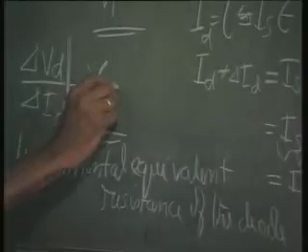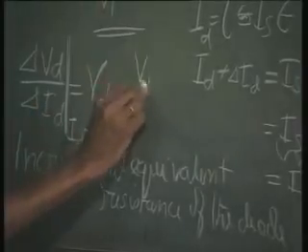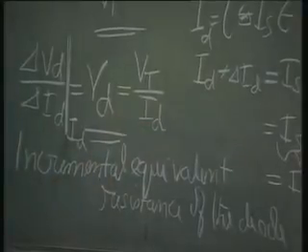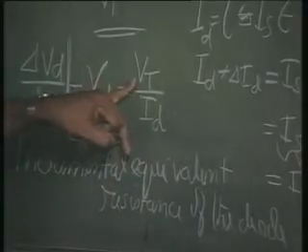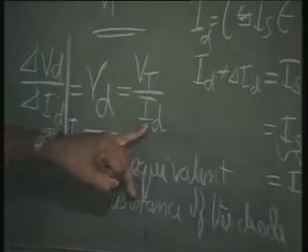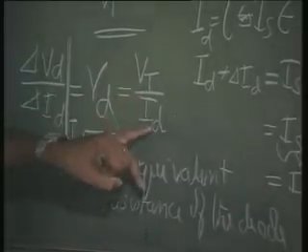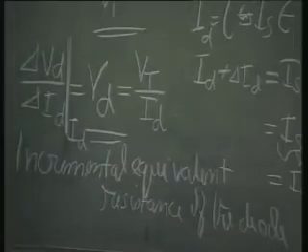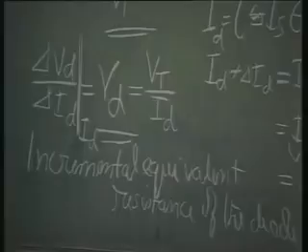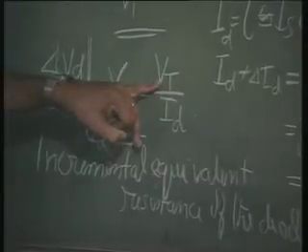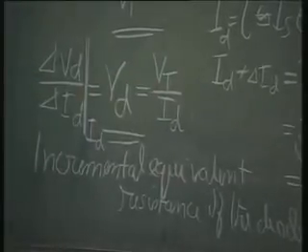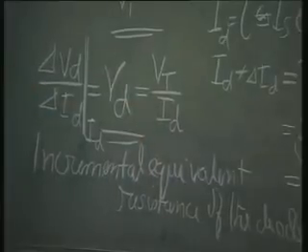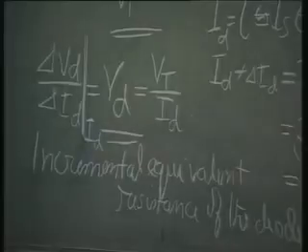So, that is equal to Vt divided by I diode. So, if Vt is 26 millivolts and I know I diode, then I can easily evaluate the incremental equivalent resistance for the diode. Let us consider for this case Vt is given as 26 millivolts, I d for the diode is 5.4 milliamperes, which we have evaluated.